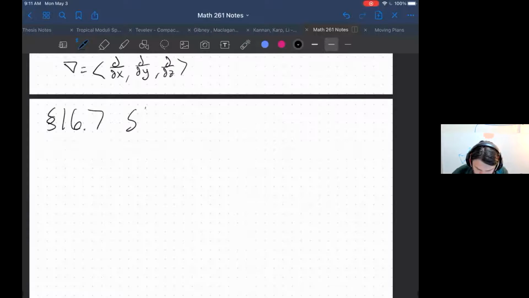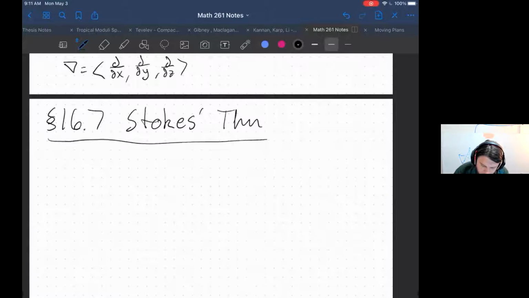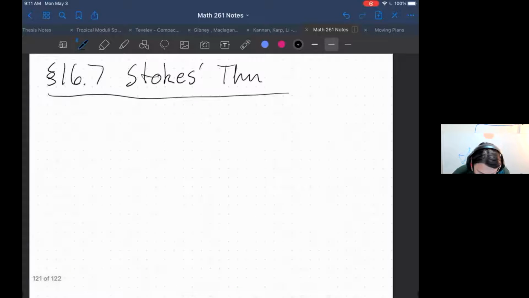So like I said, we're going to do Stokes' theorem first. This is the longer of the two sections. So here's the theorem.